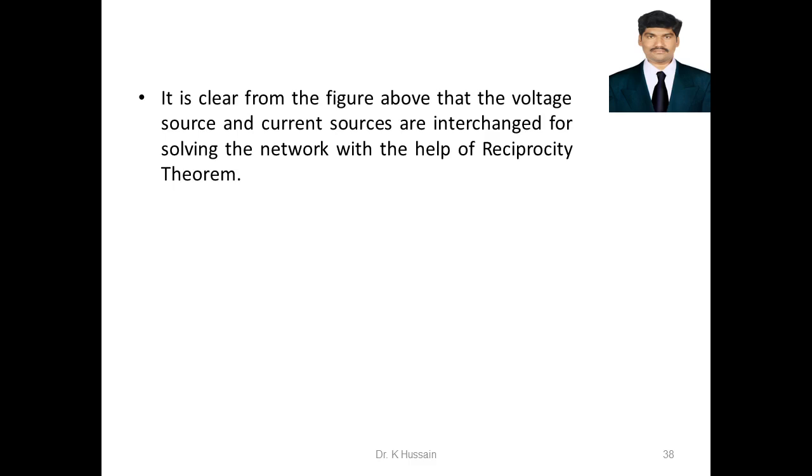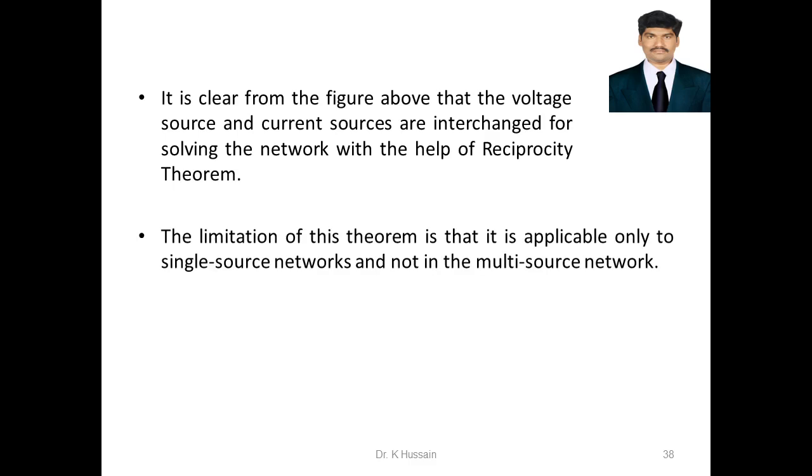Okay. The limitation of this theorem is that it is applicable only to single source networks and not to multi-source networks. That is the main drawback of this one. Because whatever network you are taking, you are only applying a single source, but for different applications you have to go for multiple sources.